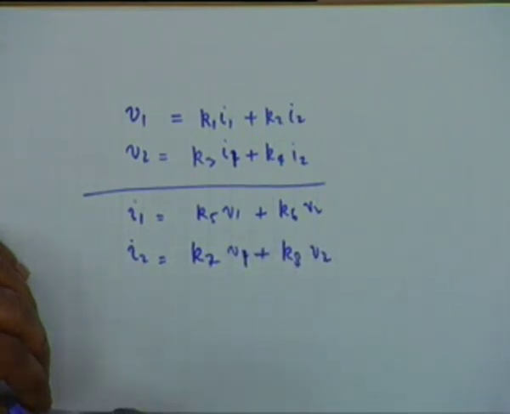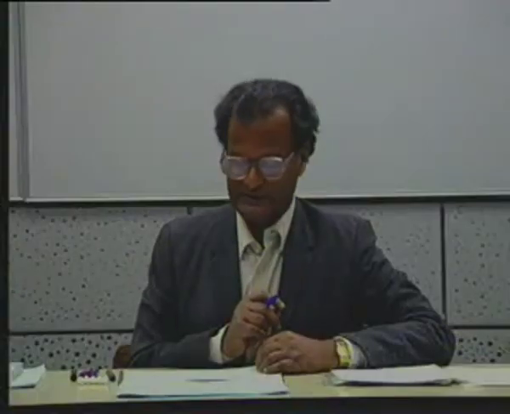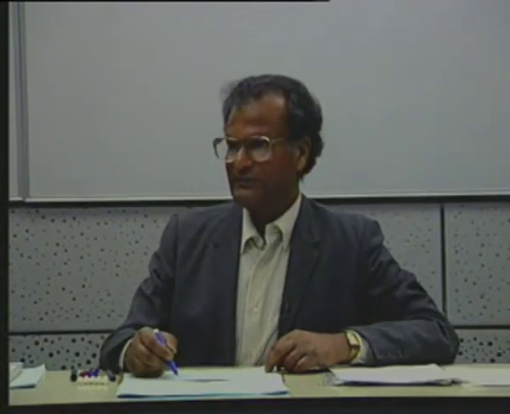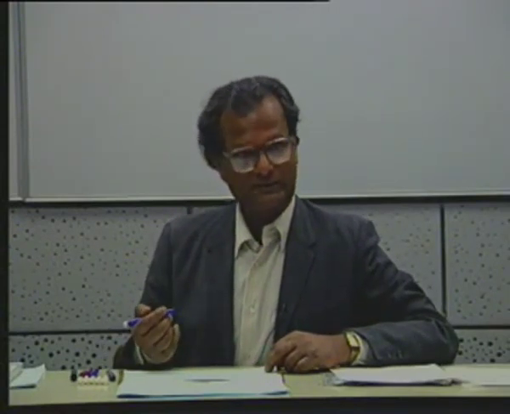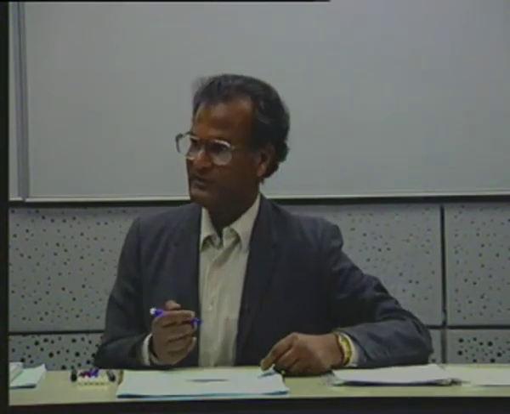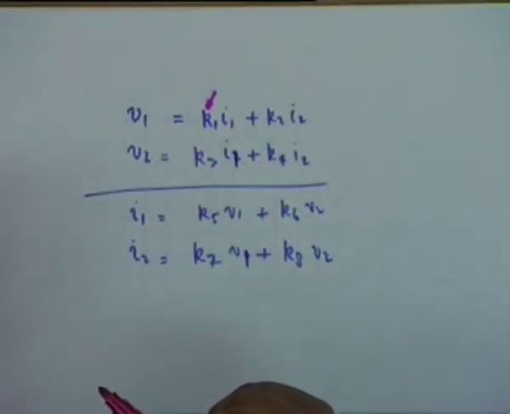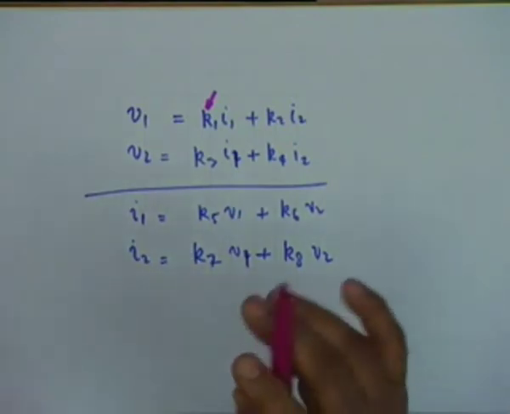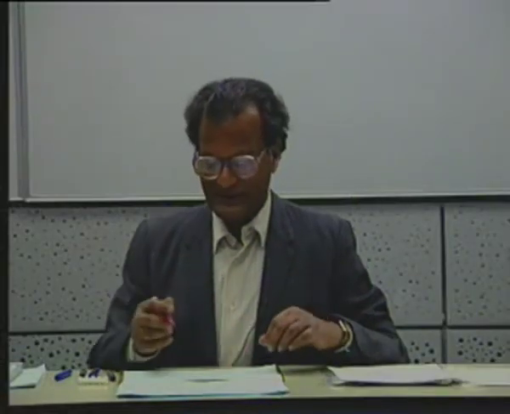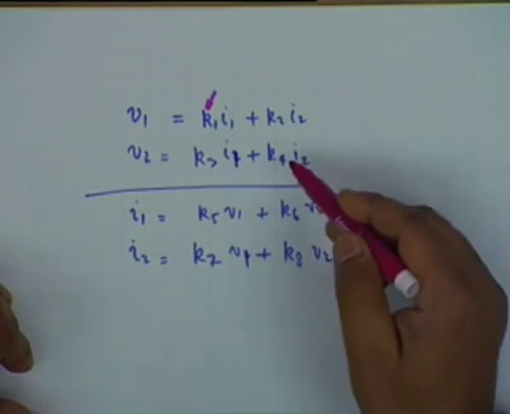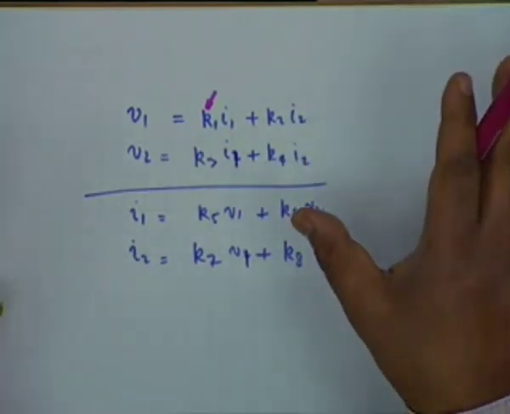All right. Now, if the network is excited by sinusoids, that is AC sources, then a special form of these relationships is valid, and these special forms can be obtained by very simple considerations. What is the dimension of K1? It must be impedance. Similarly, K2, K3, K4, all of them should be impedances. Agreed?